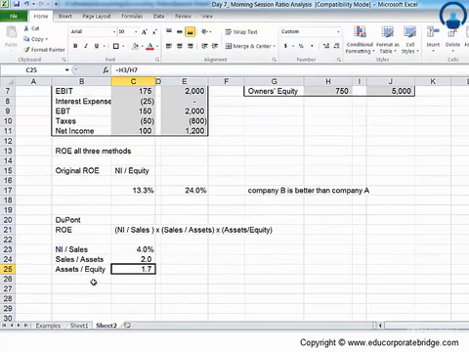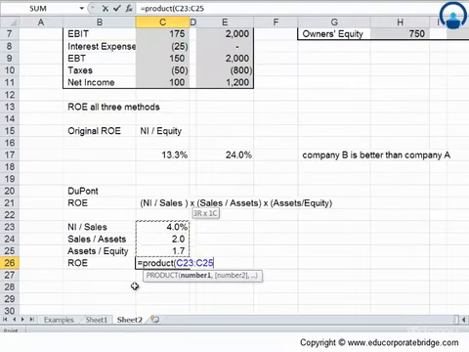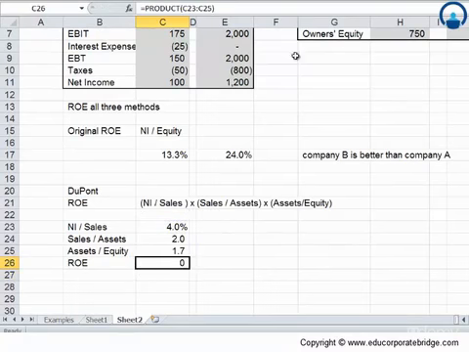So our ROE using the DuPont method is basically the multiplication of these three items. So I'll use equal to, and I'll use this function called product, which multiplies all the numbers given as arguments. So I'll give these numbers as arguments, and what we see is that when expressed in percentage, this number comes out to be 13.3.